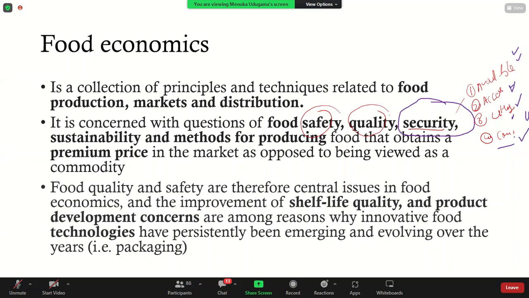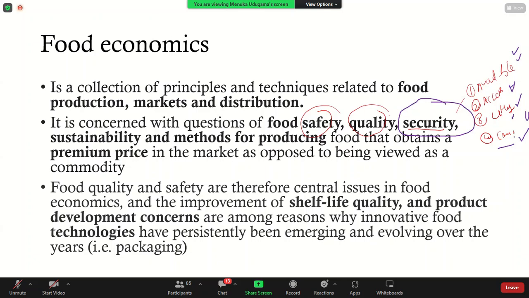Food security, and we call it food insecure now, right? We know what we are going through these days. We don't have money to purchase, or even if we have money, the products are not there. So now our food security levels have gone down because of these issues, right?